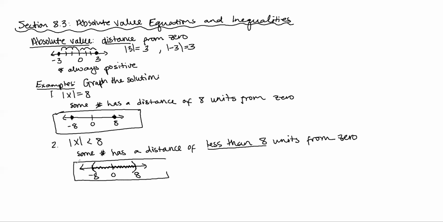And pay attention to what the graphs look like. So for a less than, we had everything in between. For a greater than, so the absolute value of x is greater than 8. Again, this means some number has a distance of more than 8 units from 0.